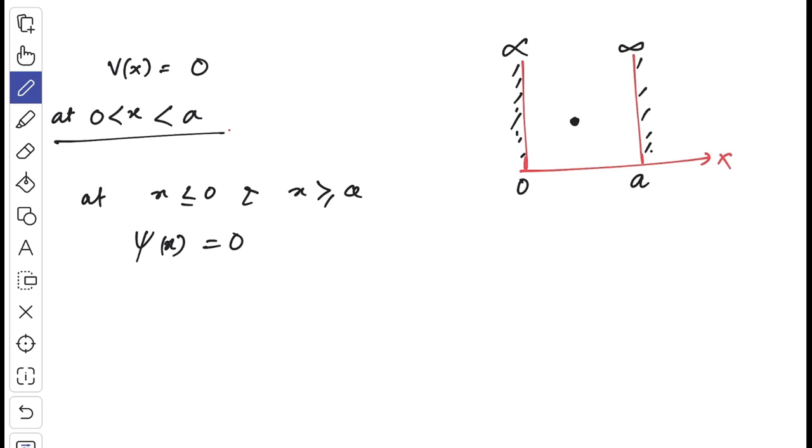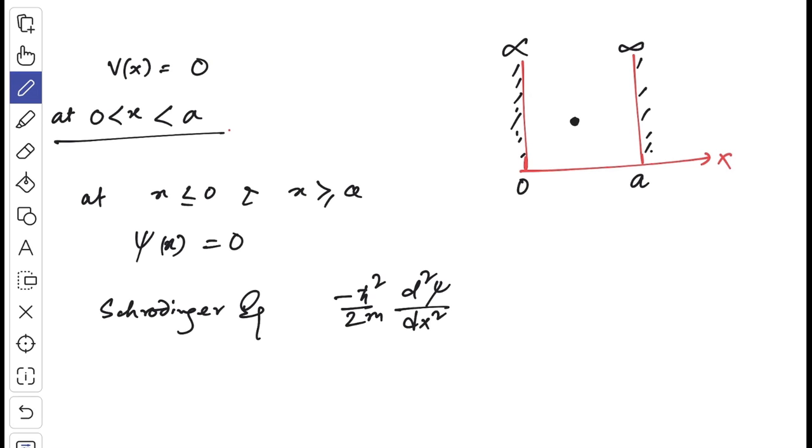Now you see the time independent Schrodinger equation of this particle. We know the time independent Schrodinger equation is given by minus h cut square by twice m times the second order derivative of psi with respect to x, plus V psi is equal to E psi.